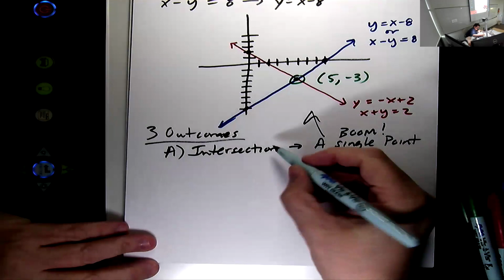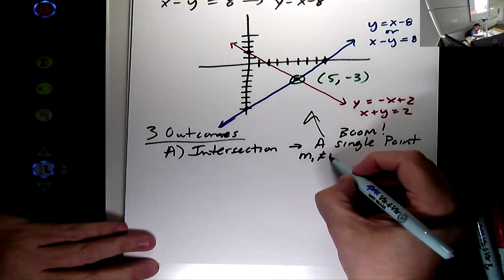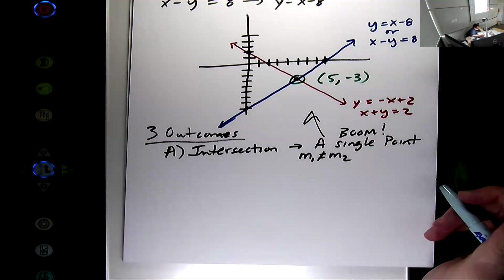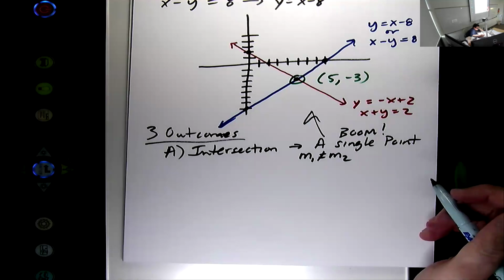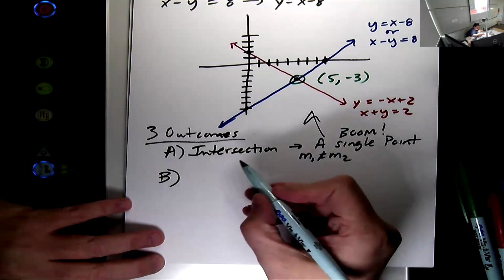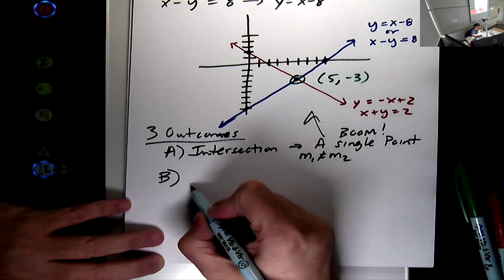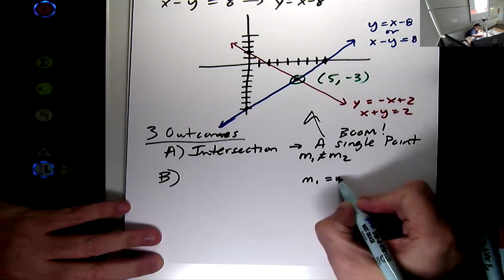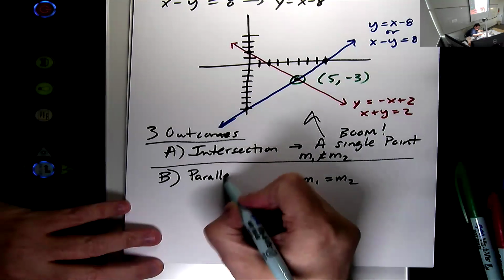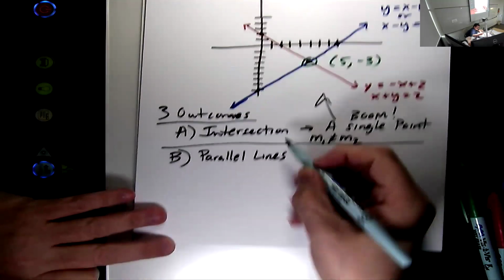So this is where M1 does not equal M2, if you were to look at it in that form. Options B and C actually both have M1 equals M2. Parallel lines. I can have two lines that are parallel.